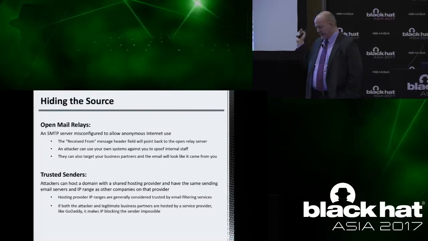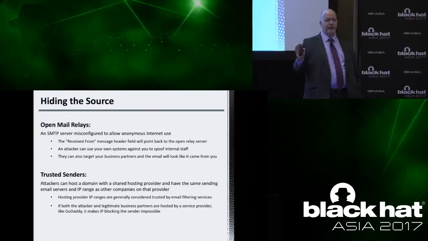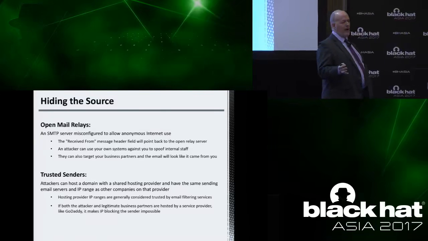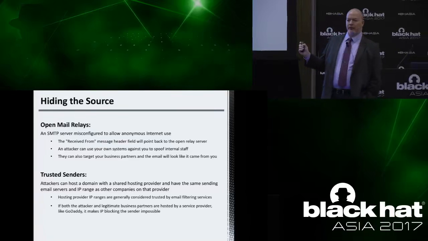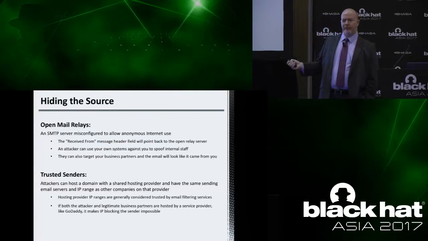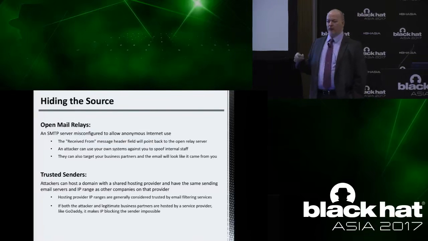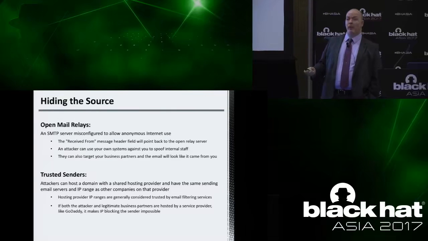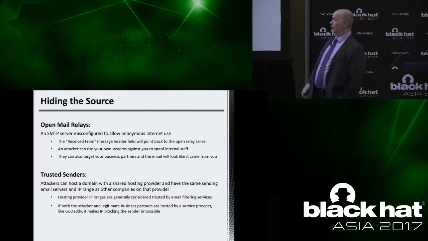SMTP relays. The challenge with open relays is it obfuscates, at least for the last hop, where an email came from, right? And that can allow people to bypass certain types of email security controls you might have in place. It can make it look like it was an internally generated email when it wasn't, because the email came through your email system or from your email servers.